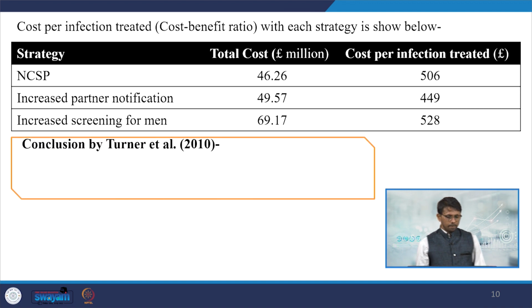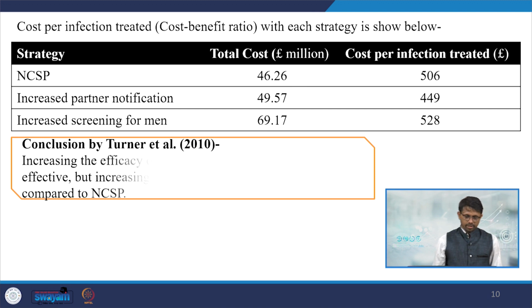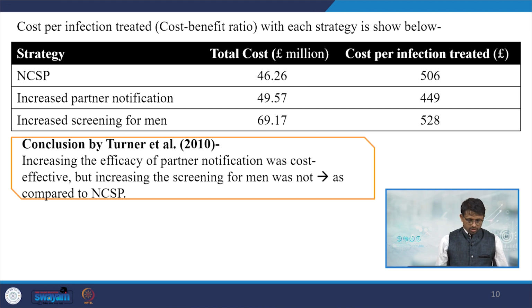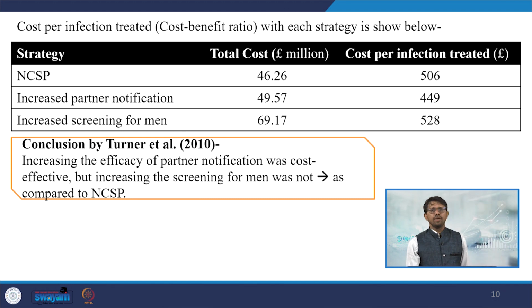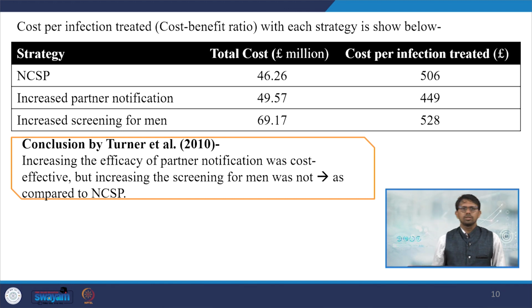Now, we will calculate as per Turner 2010's conclusion. Here, increasing the efficacy of partner notification was cost effective. You can see this is 49.57, but increasing the screening for men was not, as compared to NCSP.